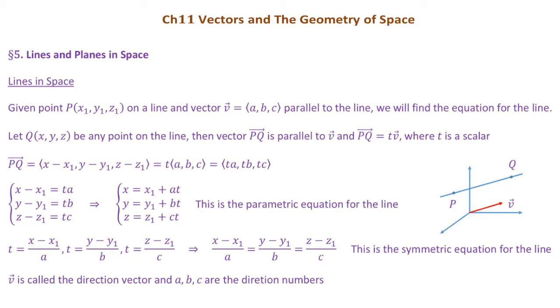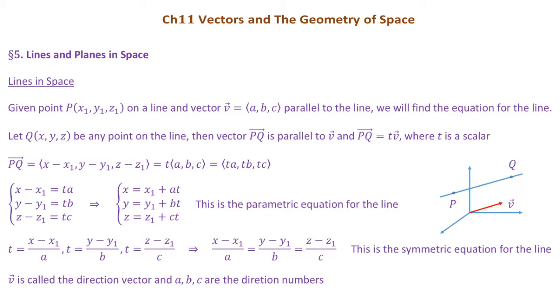But you can also write this parametric equation in another format. If you subtract x1 in the first equation on both sides and divide by a, you get t. You subtract y1 on both sides of the second equation and divide by b, you get t also. And you subtract z1 on both sides of the third equation and divide by c, you get t. So you just solve for t from each of those three parametric equations. But t should be the same.